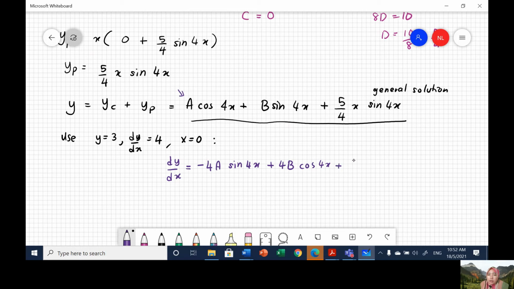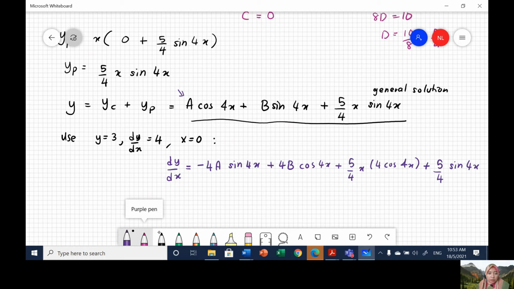Take the first part, differentiate sine, we have 4 cos 4x. Plus, take the second part, differentiate this part, we have the constant only, and sine 4x.